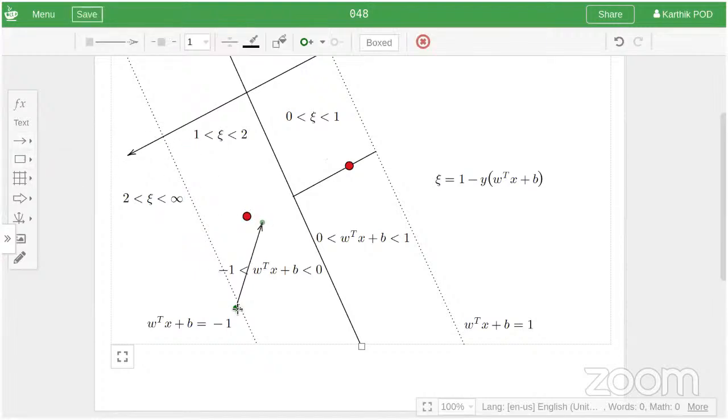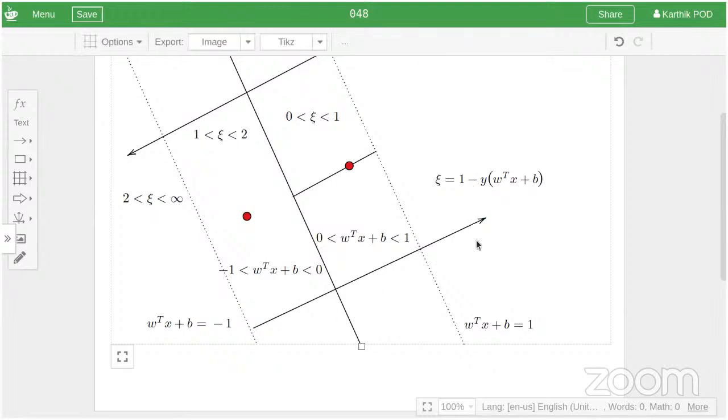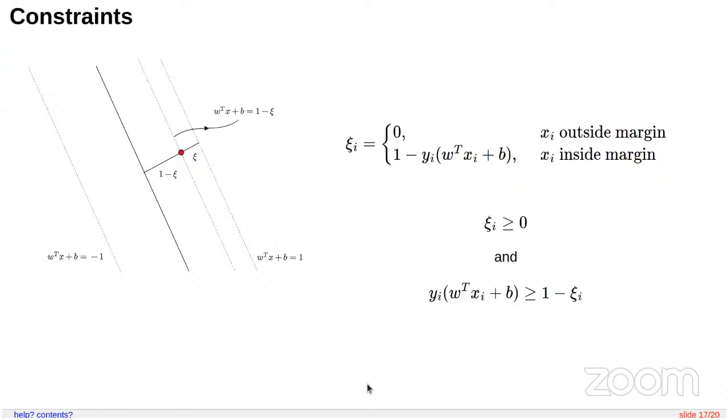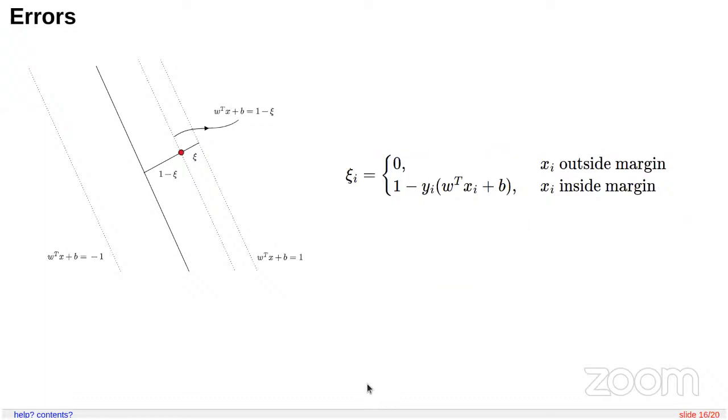Epsilon I will start from here as 0, and it will increase in this direction. Okay, so I hope that graph was clear. Yes, sir, very clear.